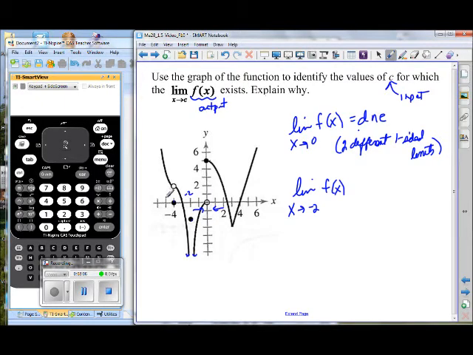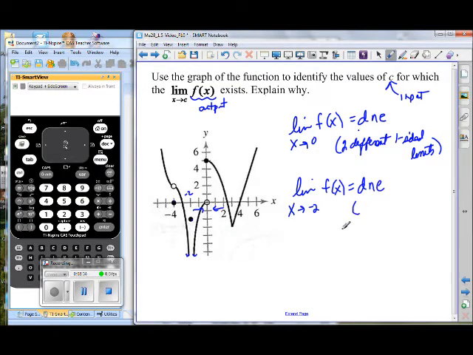However, as we approach -2 from the less than -2 side and then from the greater than -2 side, the values of the output are going down, down, down, down, down. On this side, they go down, down, down, down, down. And so is there a limit as we approach? And because these keep going down, the answer to that is no. The limit does not exist.